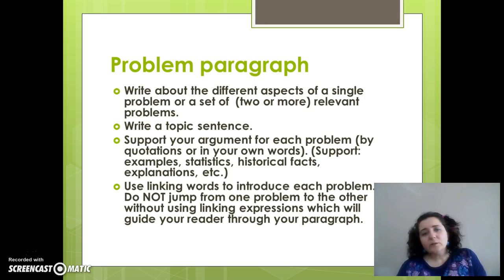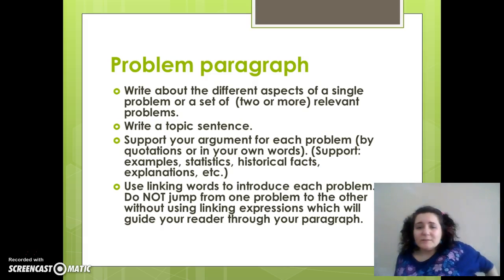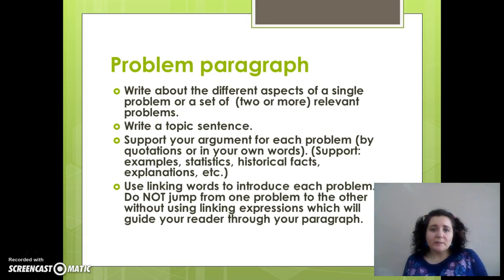And secondly, you can have your own words to express maybe some impressions, some anecdotes, some personal experiences, and all that kind of stuff. But whatever way you pick, you need to put this in an academic way, with an academic discourse. Don't forget that. If you're looking at the text, then look at the text to find some examples, some statistics, some historical facts and explanations.